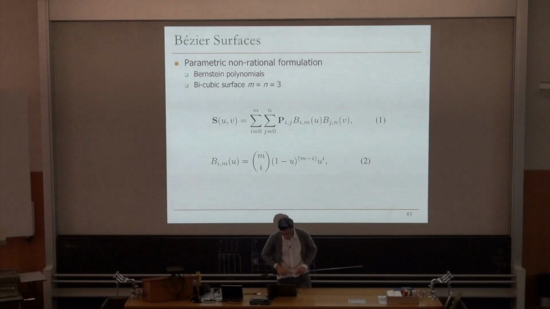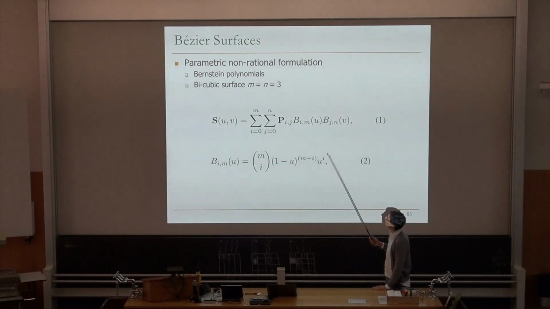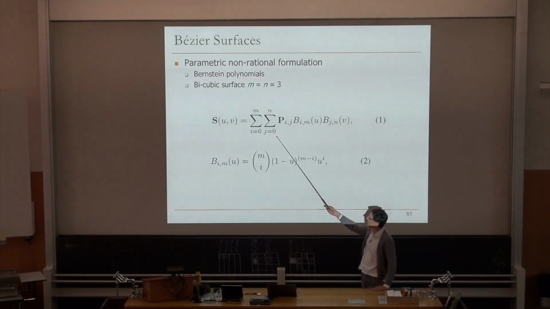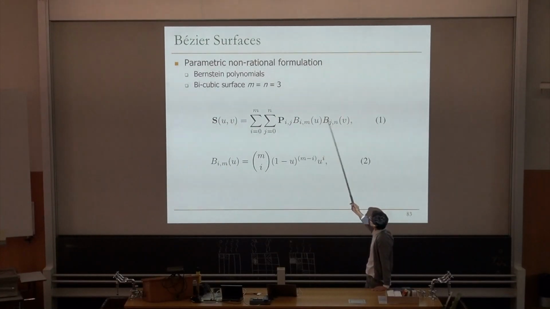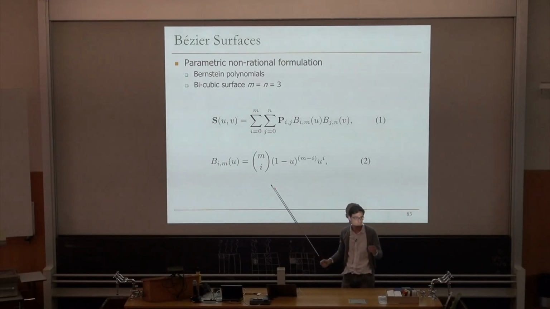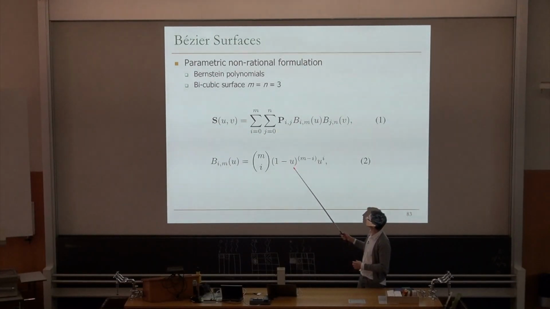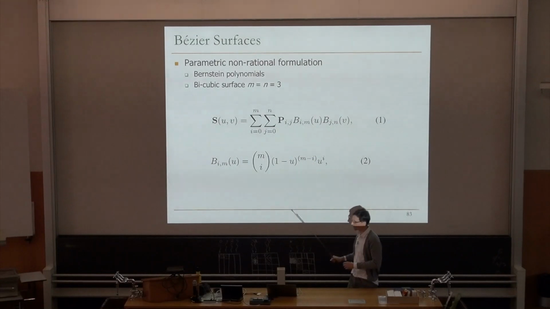Here you have the parametric non-rational formulation of this Bezier surface. This is the equation that we need to calculate for each UV, that is, each of the output points of the Bezier surface, and these are the Bernstein polynomials that are used for this computation.